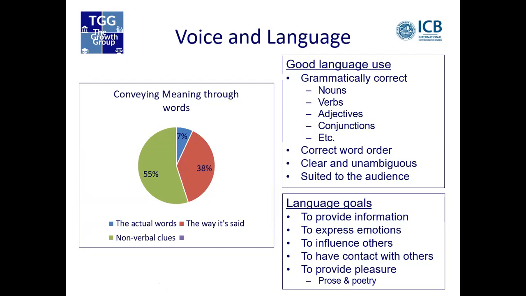We see that only 7% of the meaning is conveyed by the actual words, while 38% is conveyed in the way it is said, and another 55% is conveyed by non-verbal clues.